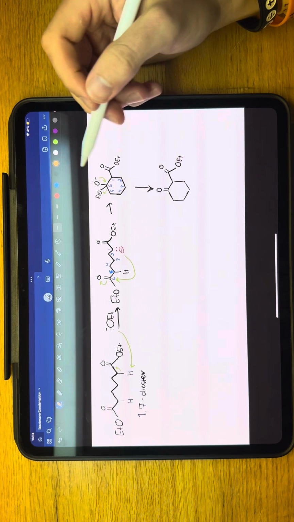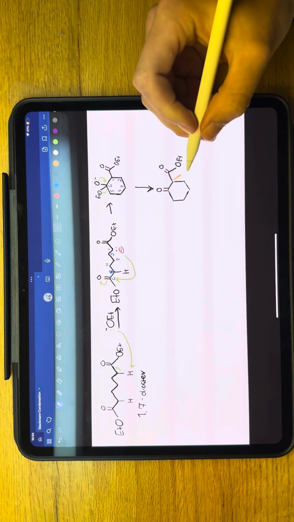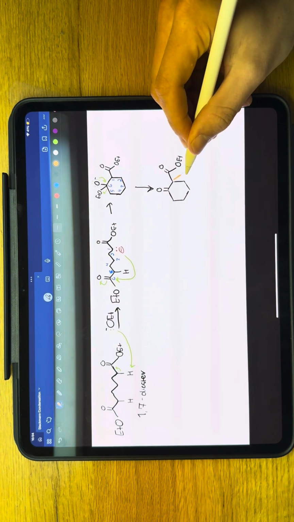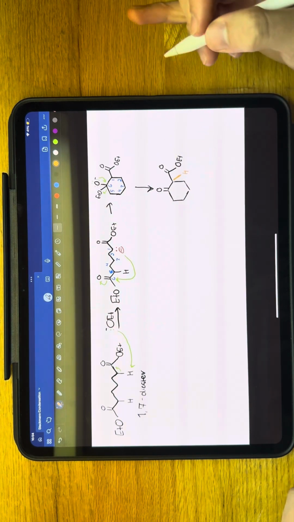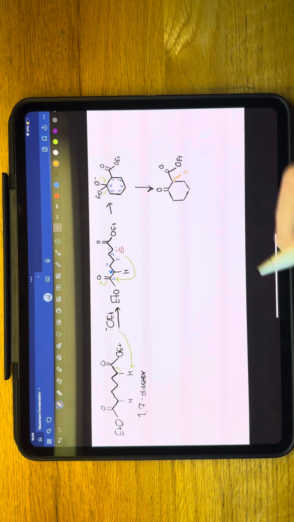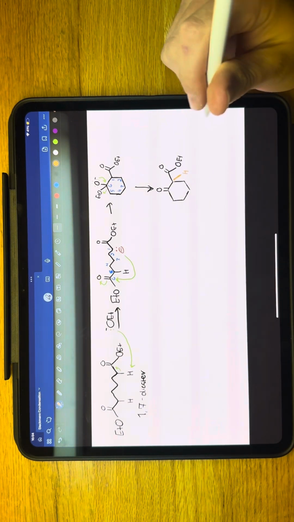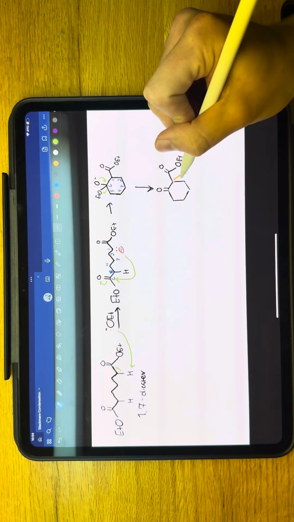So remember that we do still have our hydrogen here. So in order to get rid of that, we're going to have to deprotonate this eventually.